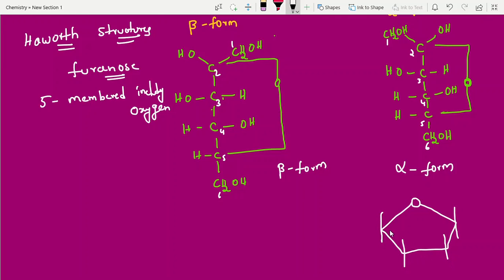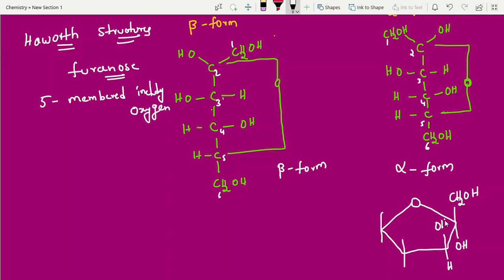It will come C. First one, OH group is on right hand side. What I said in previous glucose structure time, which is there on right hand side, always we have to write down. Down. This is top. That's it. Next H down.